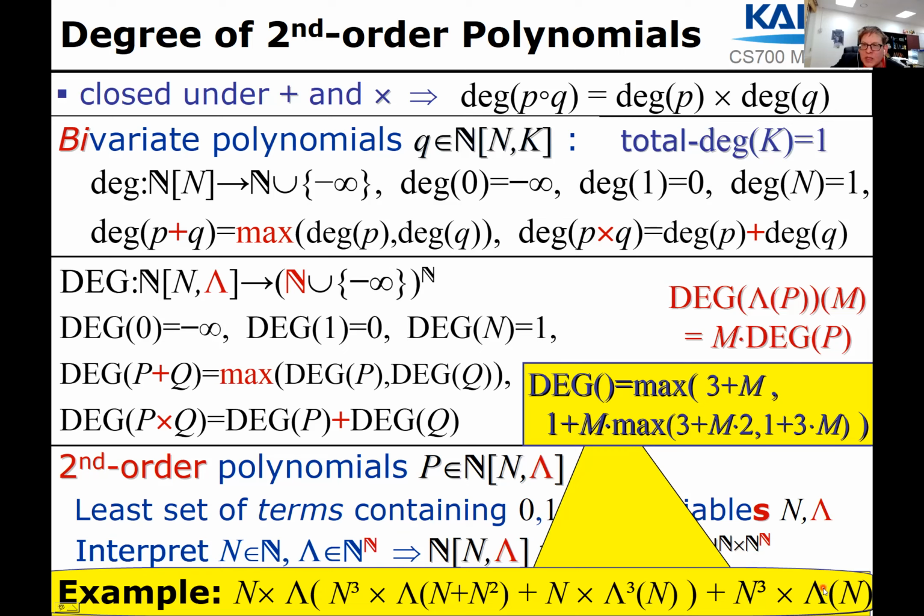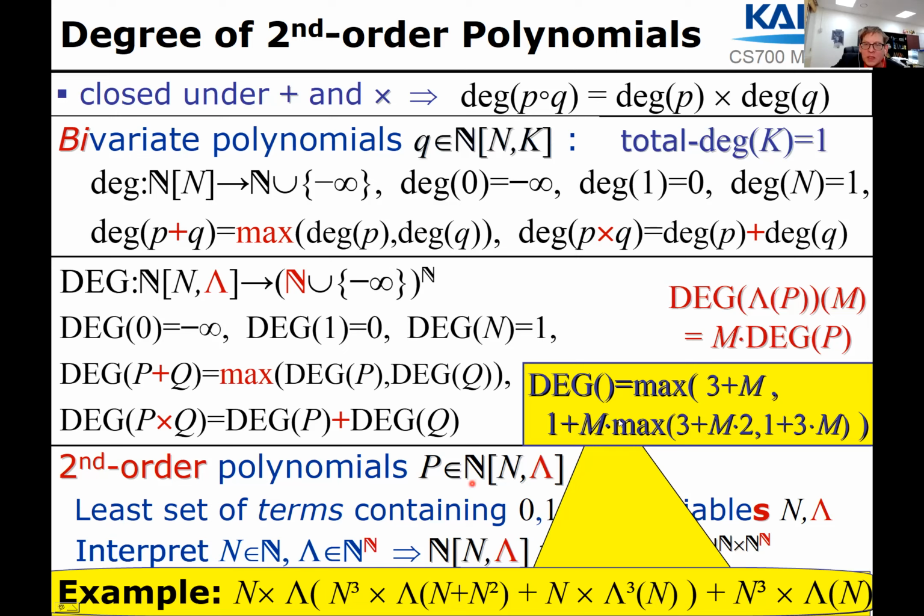The degree of this expression, according to this inductive definition, is m times the degree of the inner part. The degree of the inner part is just the variable n, which is 1. So it's m times 1, so it's just m. So this is the degree of this part, and plus leads to the maximum, which we expect to be the degree of this part. So let's look at it.